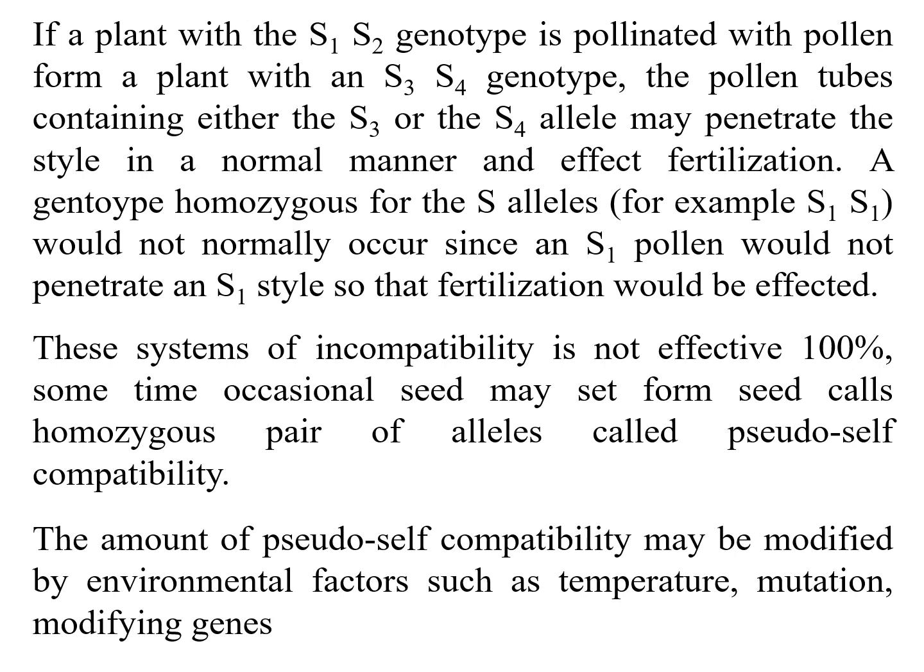So mutation, we don't know, maybe we can do it through mutagenic agents, as I said in mutation breeding, but the environmental condition like temperature can be used, and we can transfer modifying genes that can increase self-incompatibility.